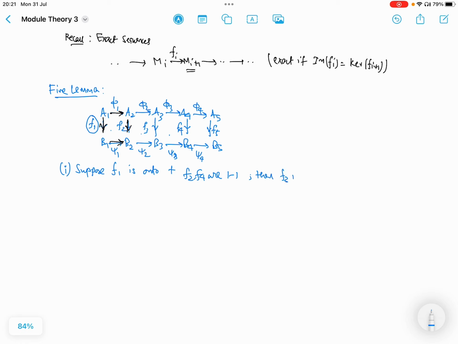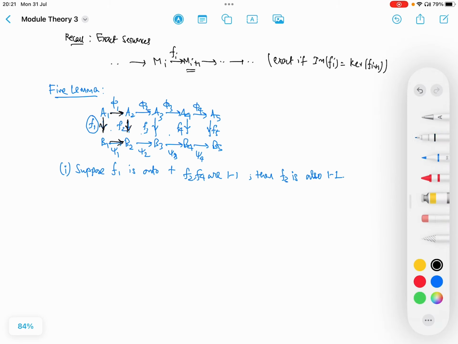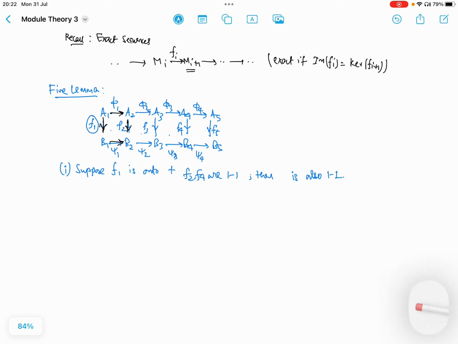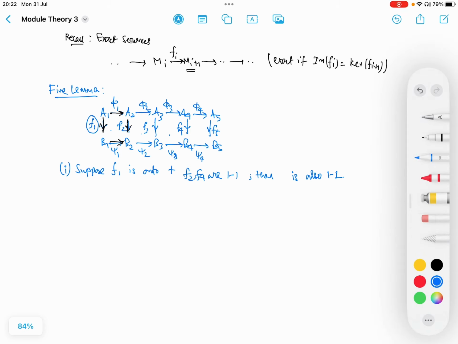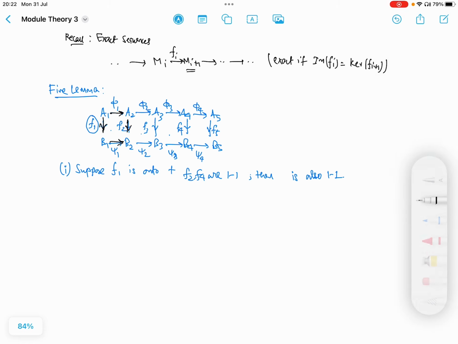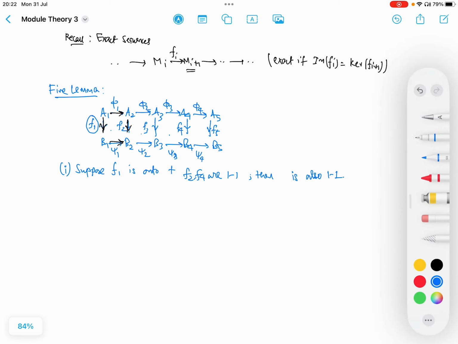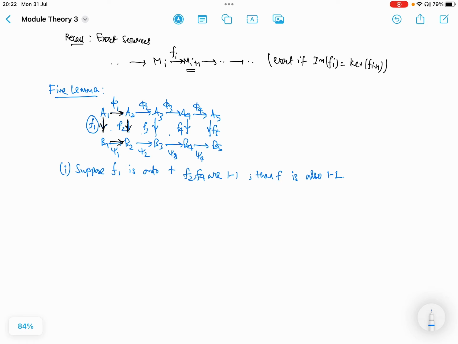Then F3 is also injective. So, let's see how to prove it.